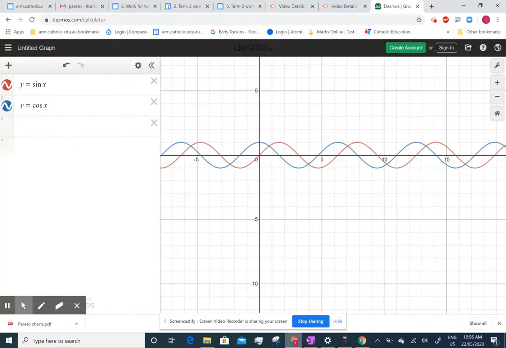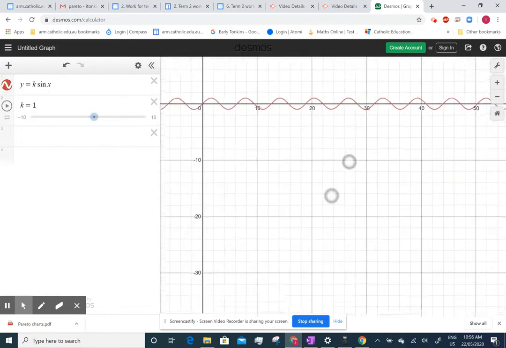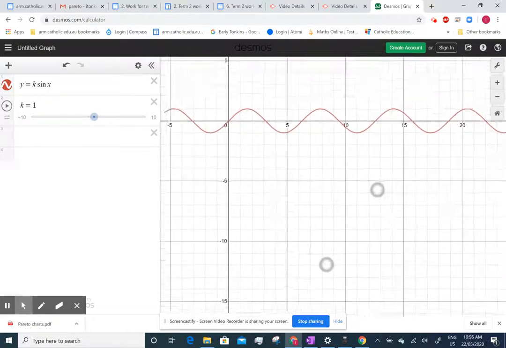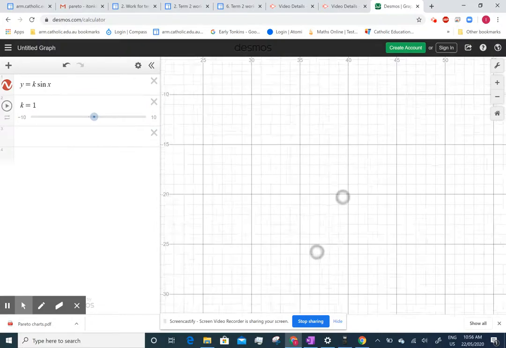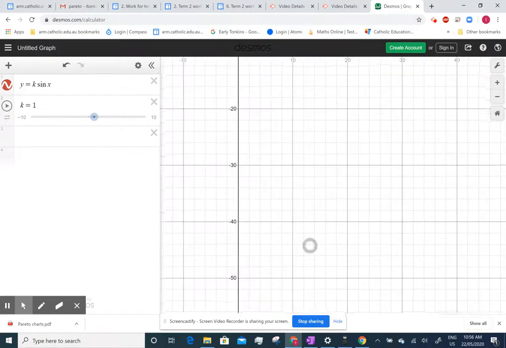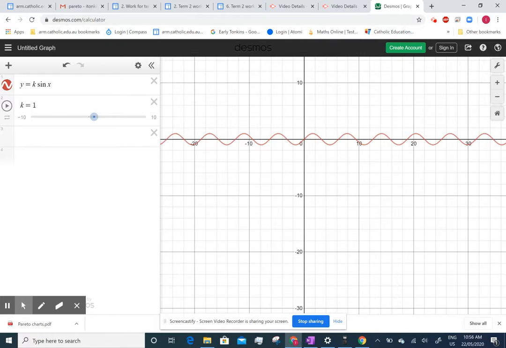So we'll go back to Desmos and we'll go in here and I'm going to put a K there and I'm going to add a slider. I'm going to delete the cos curve so we can't see it. And let's see what happens when we play this slider. Where'd you go? It's up here. So let's play.